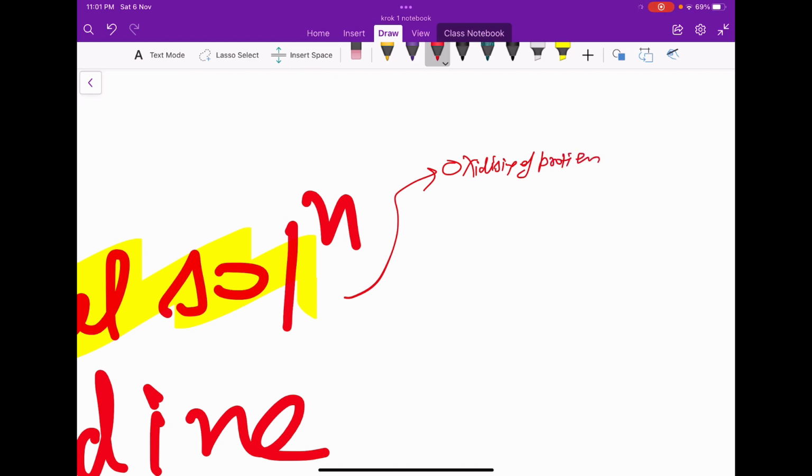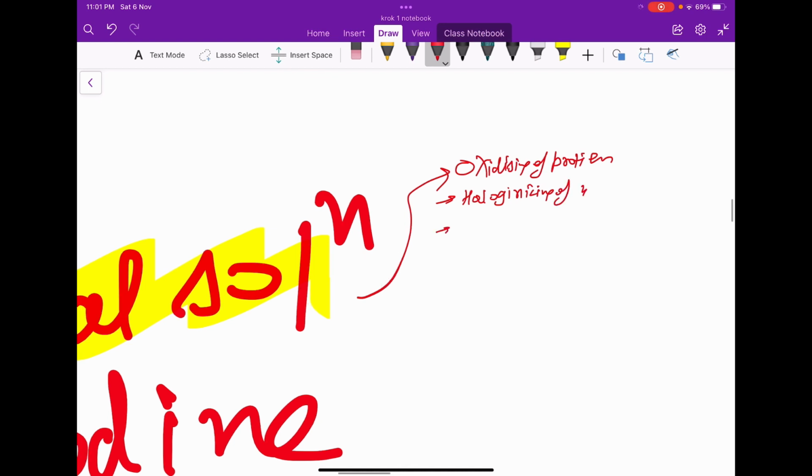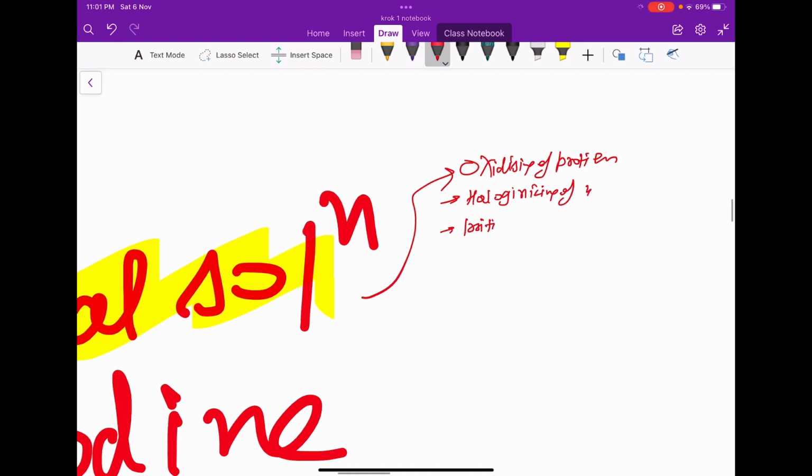Thereafter, halogenation of protein. Thereafter, irritation of the skin and mucous membrane. Right, guys? These actions are concentrated within the bactericidal action.